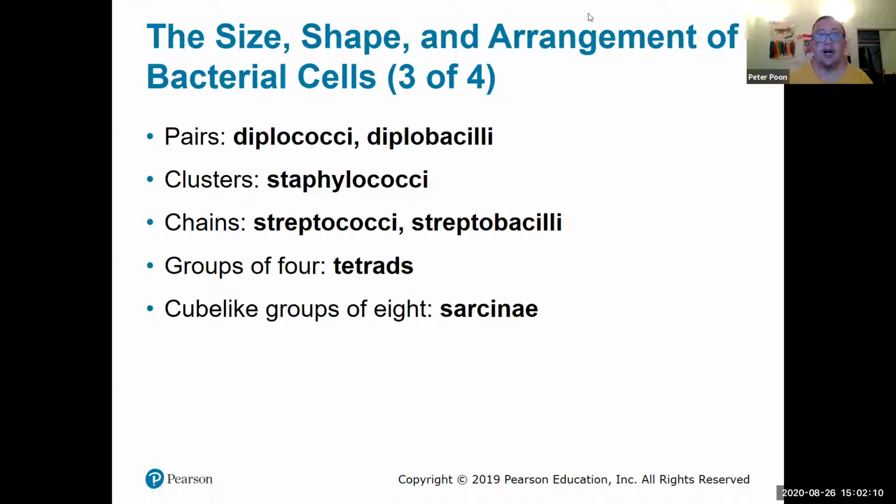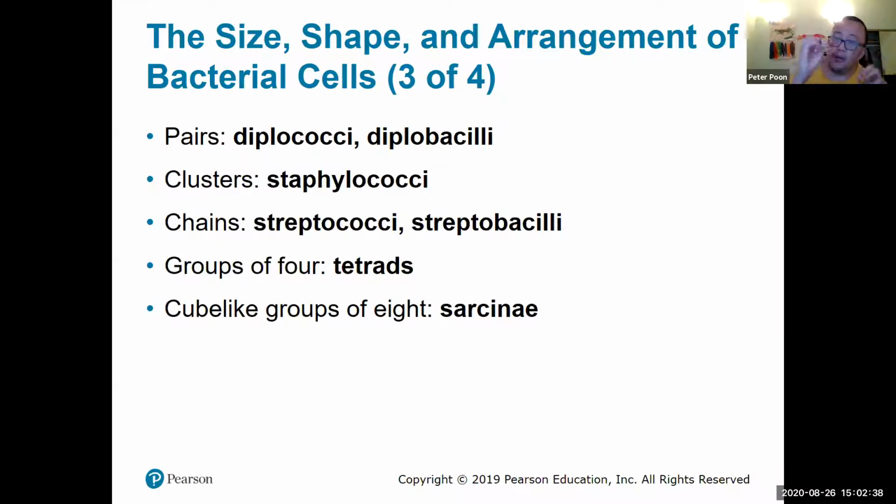Pairs is diplo. Diplococci, 2 bacteria that are circles, spheres. Diplobacilli, 2 bacteria that are rods. Staphylo means a cluster of grapes.